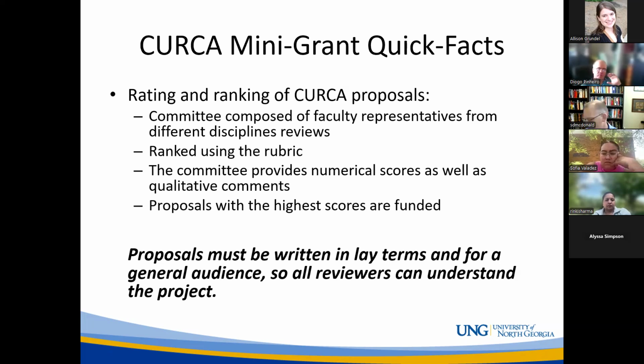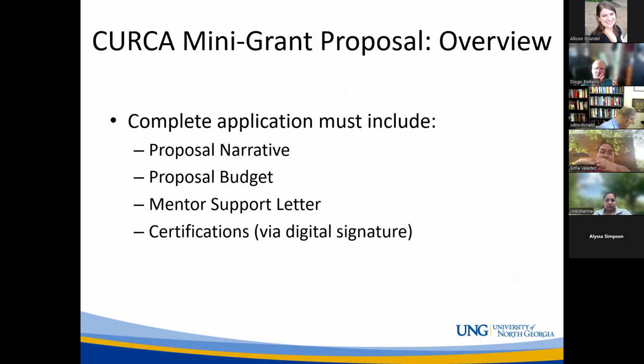And so in terms of the specific parts of your application, you're going to have to submit 3 different things and then do this other thing that's going to be online, right? So the first and main thing that you're going to have to submit is a proposal narrative where you're going to describe the things that you want to do with the money that we're going to provide, the details of your research project or creative project.